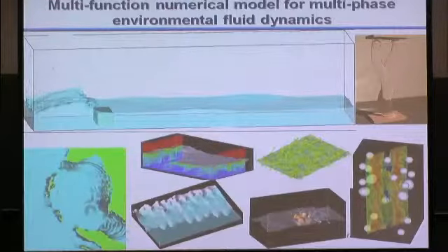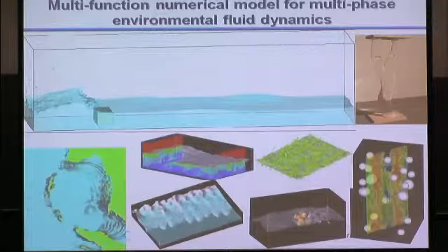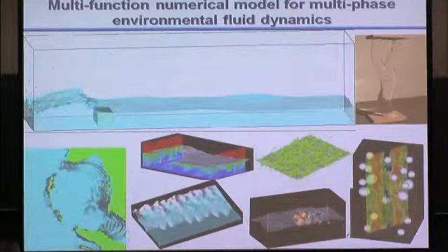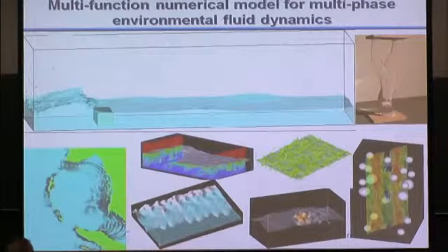This is a very widely used dam break test to validate your code. You measure the pressure at different points, and they have an experiment. You can see if those kind of experiment can be accurately recovered by your numerical model.